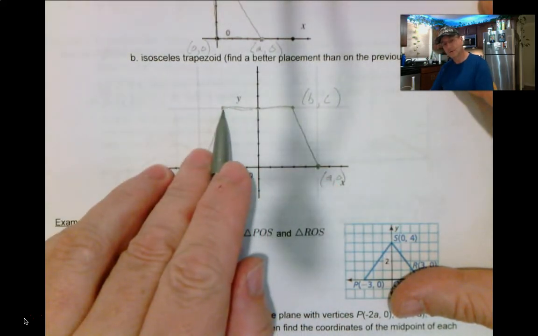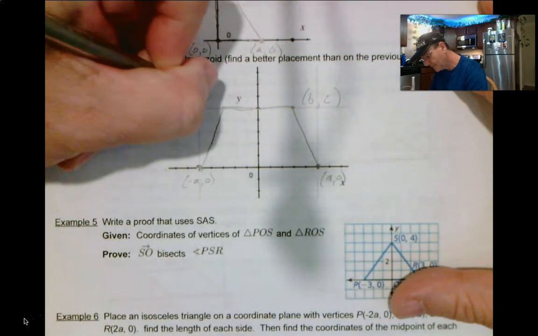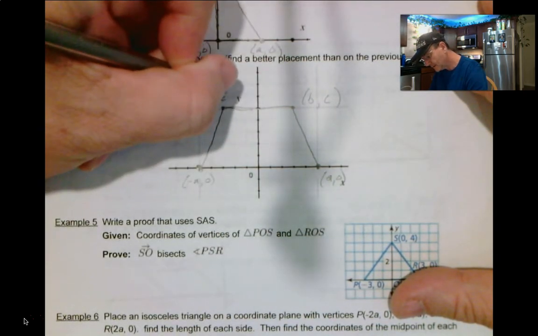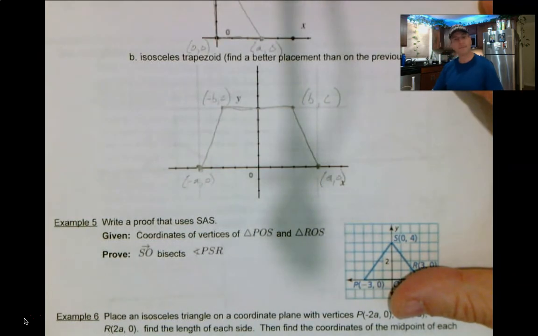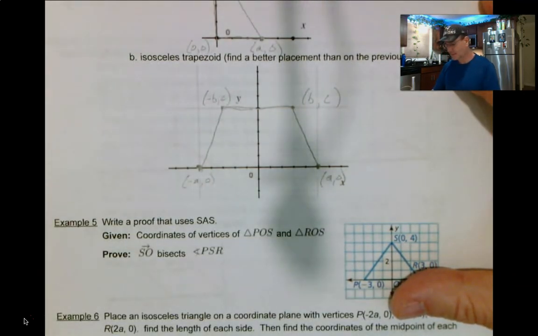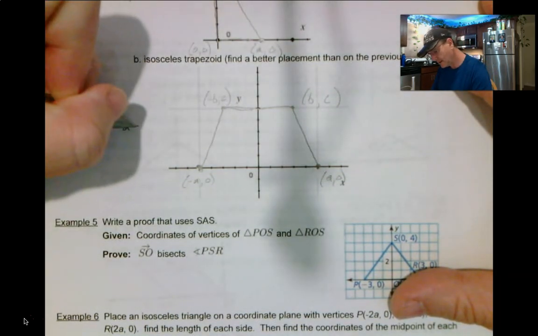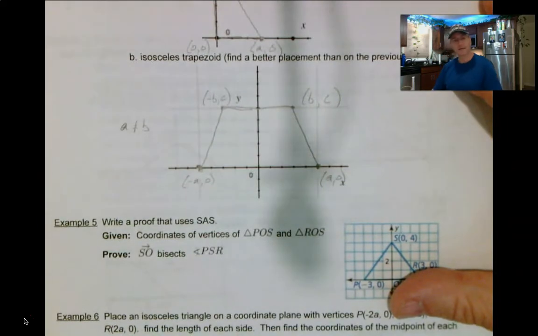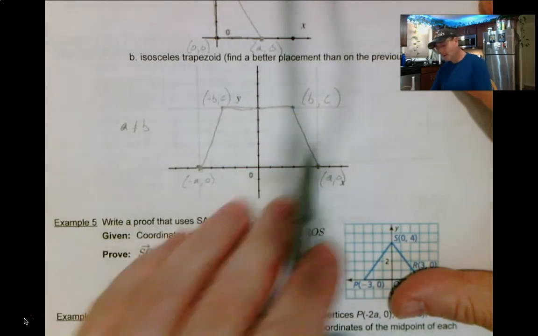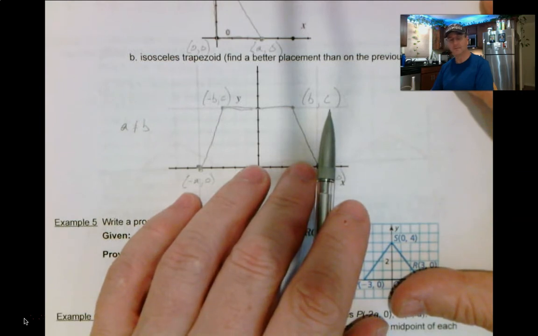Now I'm locked into what the coordinates have to be here. I don't have a choice. Negative B, comma, C. And again, so that this is a trapezoid and not a rectangle or a square by accident, A can't equal B. It can equal C. B can equal C. That could be all right.